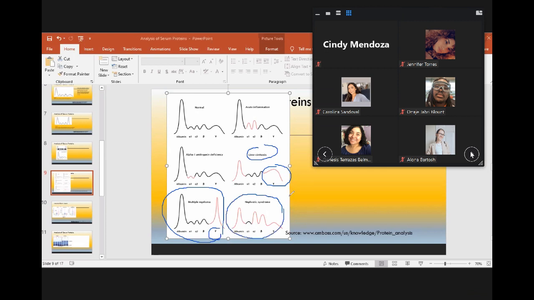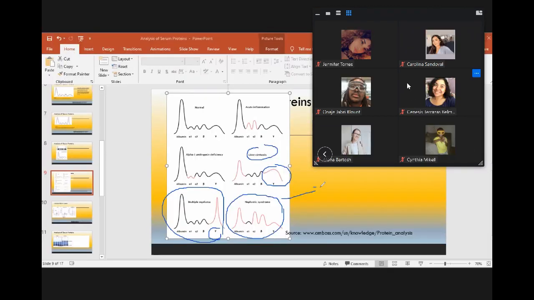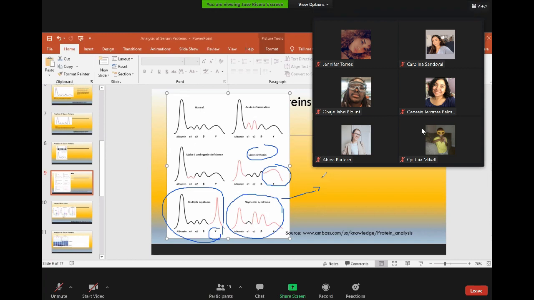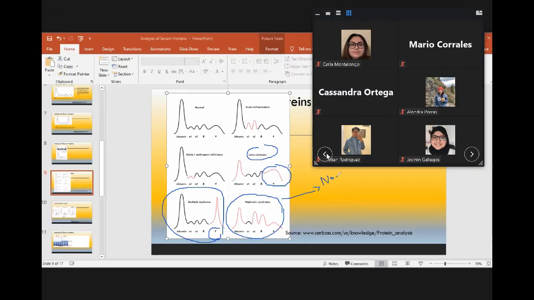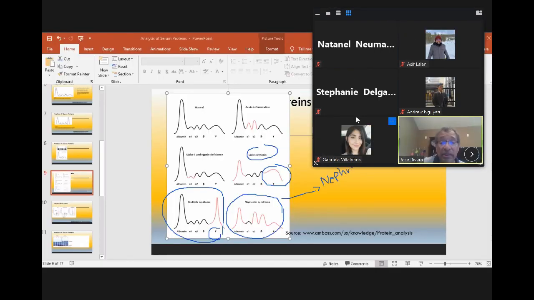Does anybody know what the word nephrotic means? You know what a nephron is? Nephrotic has to do with your kidneys. Correct, the kidney. So this poor person has kidney disease.